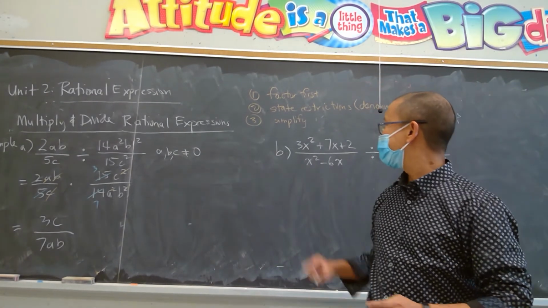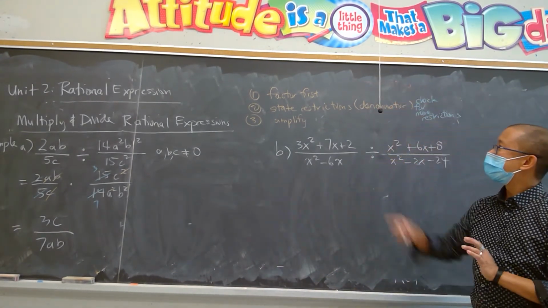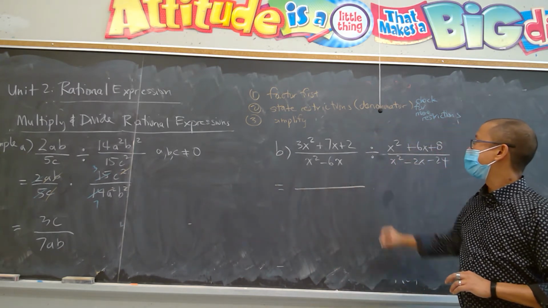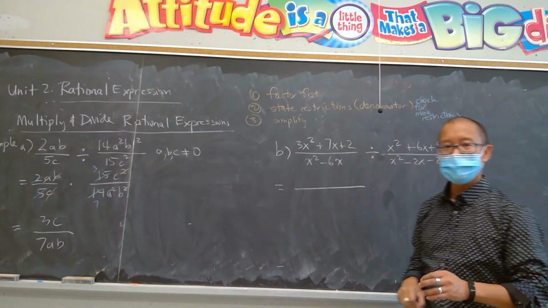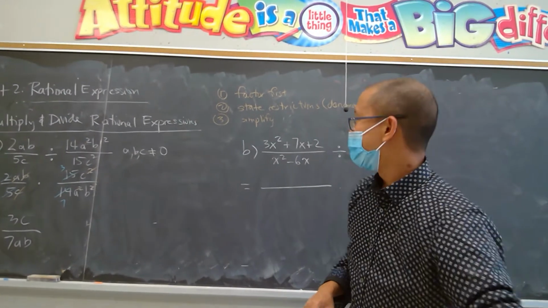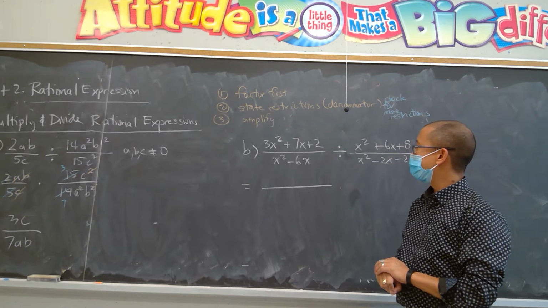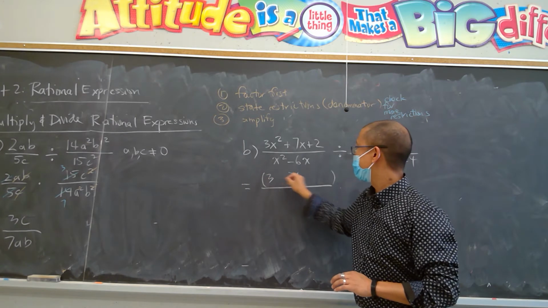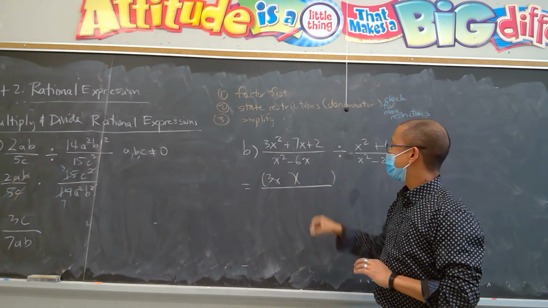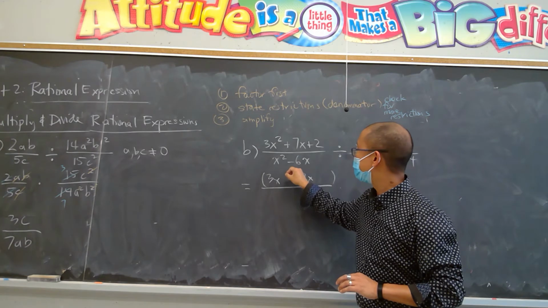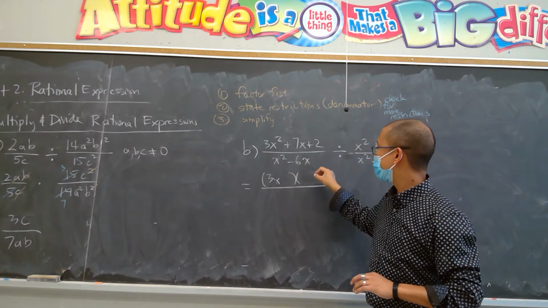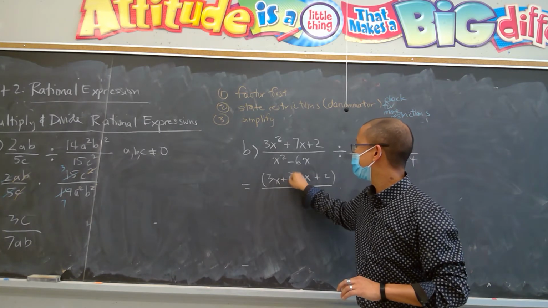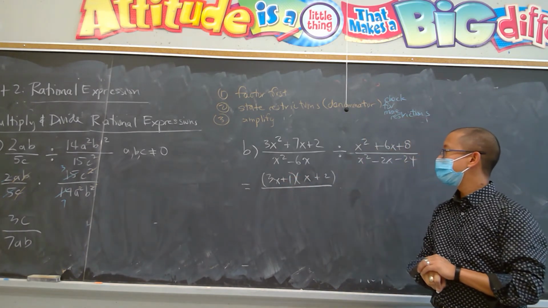So for our final example, example 3b, we have to factor first. I might need more room. I think a lot of you realize for this one, 3x plus 1 is 3 times x plus 2... sorry, 3x, and yes, 3x is 1 times x plus 2.